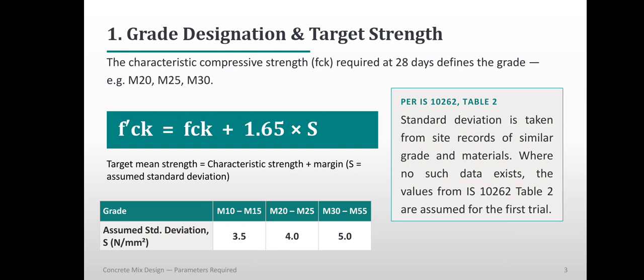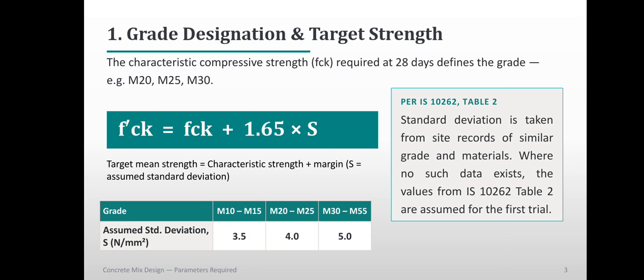The first is the grade designation and target strength. The grade of concrete such as M20, M25 or M30 represents the characteristic compressive strength of concrete at 28 days. However, during mix design, we do not design only for the characteristic strength, we calculate the target mean strength, which is obtained by adding a safety margin to the characteristic strength using standard deviation, which is F-ck dash equals fck plus 1.65 into S, where S is the standard deviation.